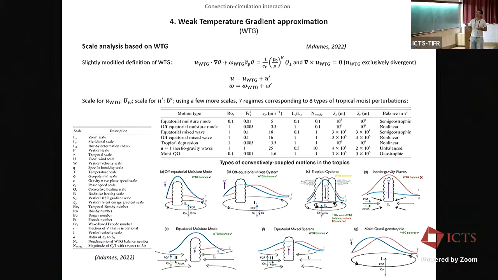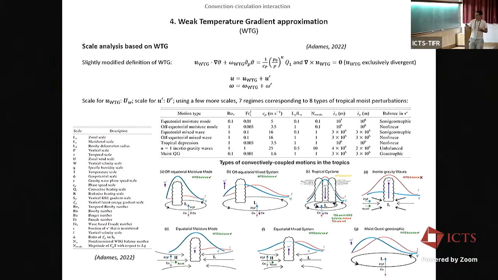And then you can look at the wind as a deviation from this WTG or diabatic wind, and that allows you to look at different scales. If you consider that those two, U WTG and U prime, are scaling differently, you can actually start working on the scalings.